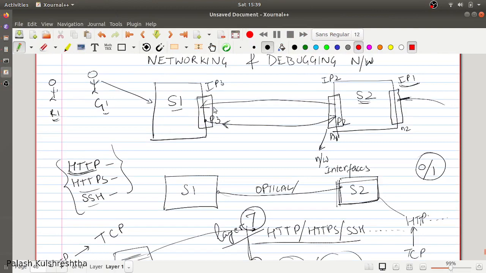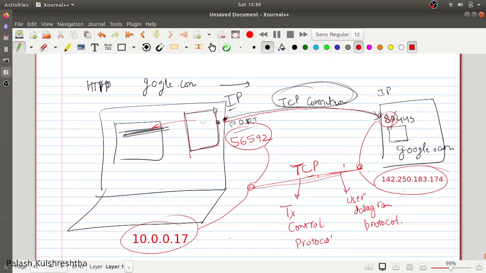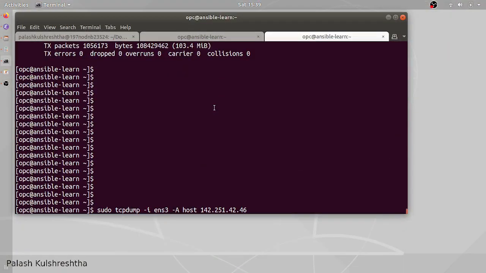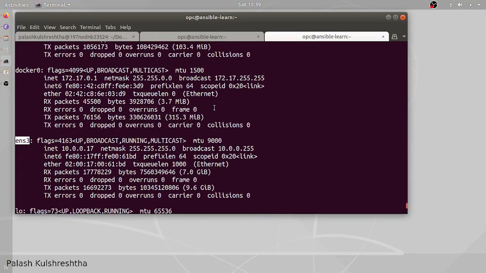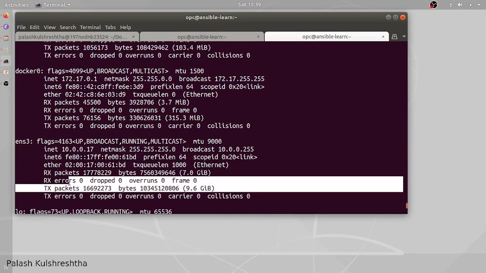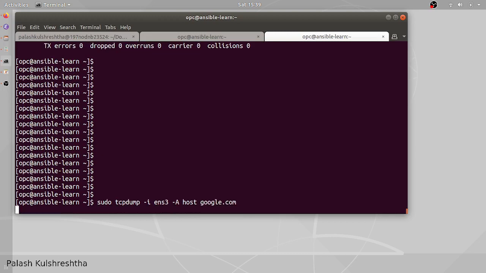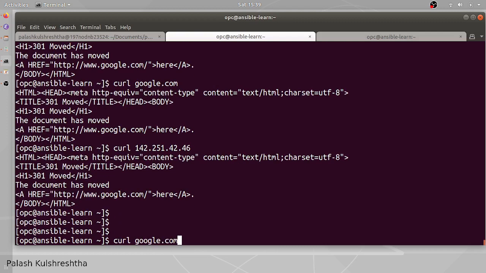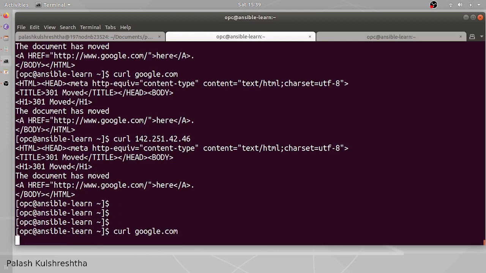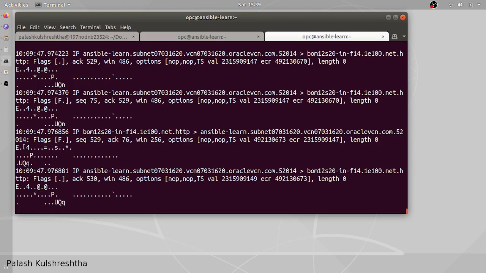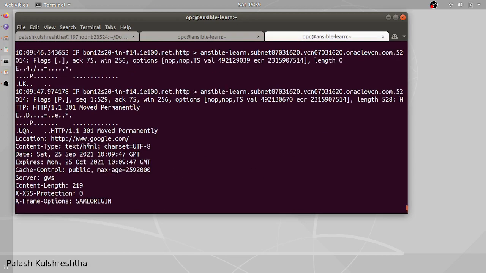When you are running tcpdump, it should be running on the default interface, but in my case my interface was ens3. So I have to specify the ens3 network interface and then run tcpdump on google.com. And now let's hit the curl request and see whether we got the data or not. Yes, we got the data.